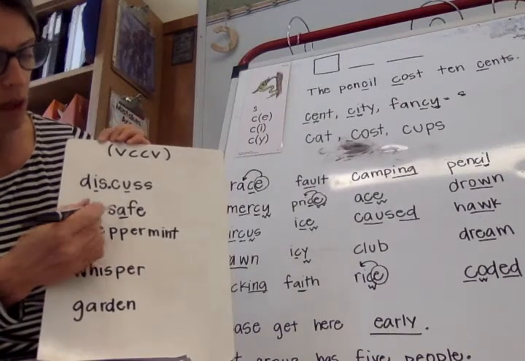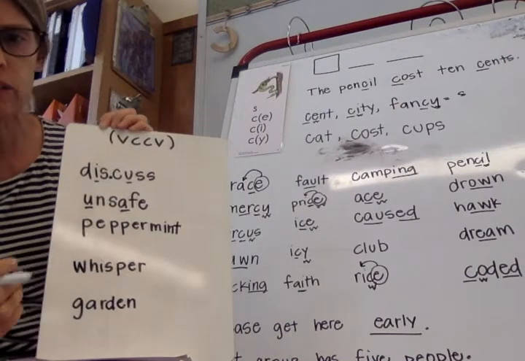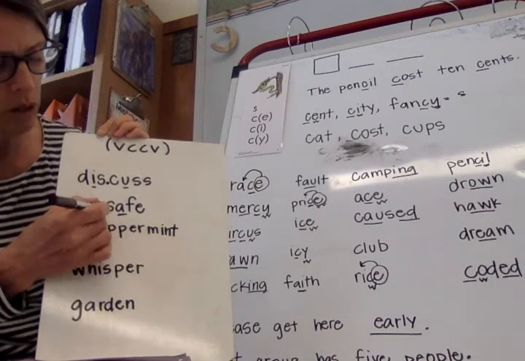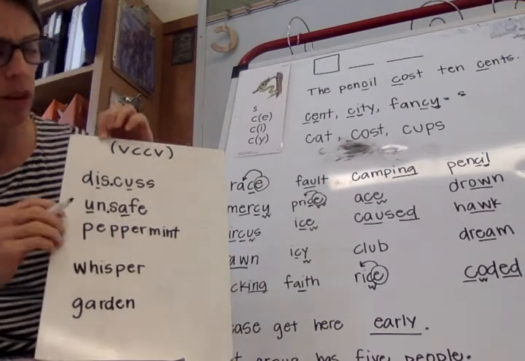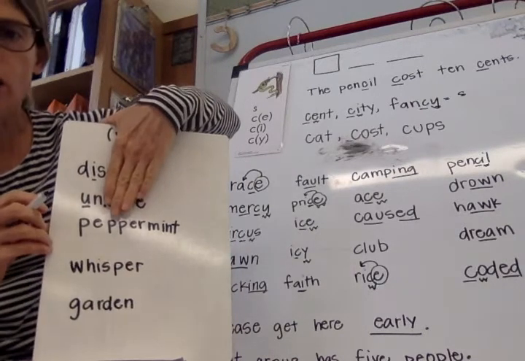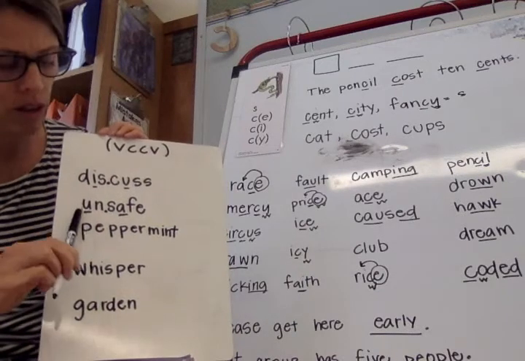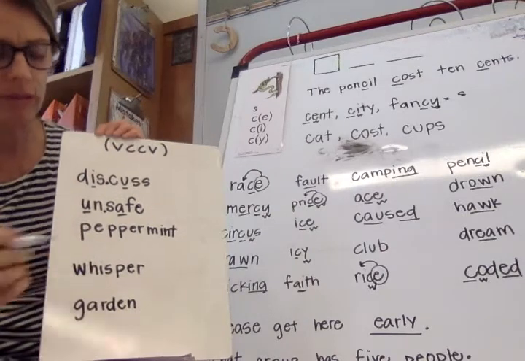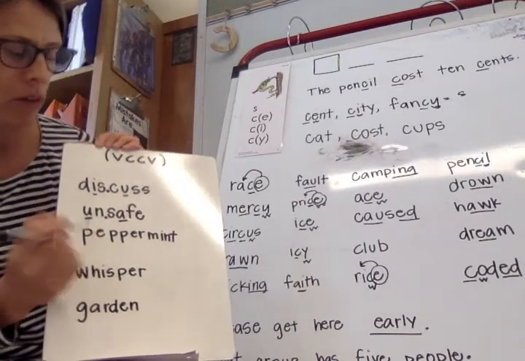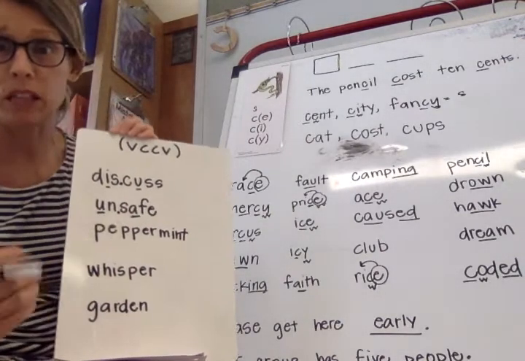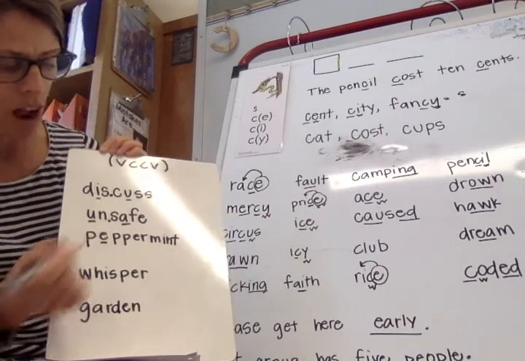Vowel, vowel. How many consonants in between? 2. So let's put our dot in between. We have unsafe. Together. Unsafe. All right. Ooh, this is going to be another tricky one. Let's look. Vowel.